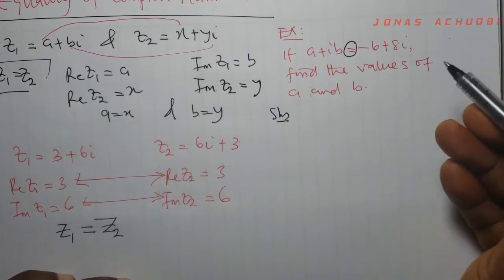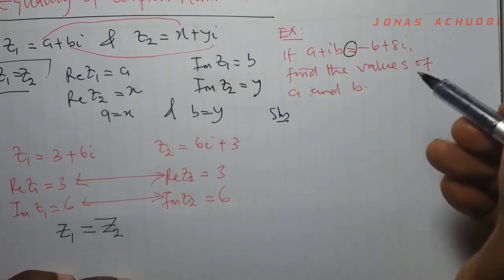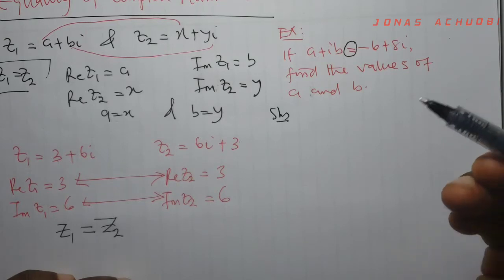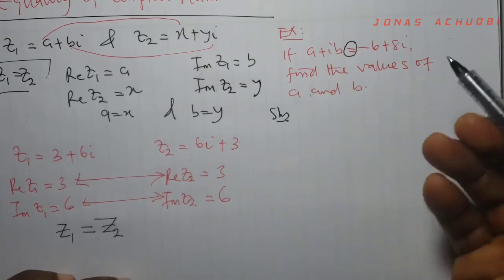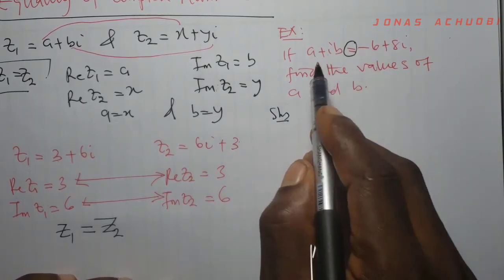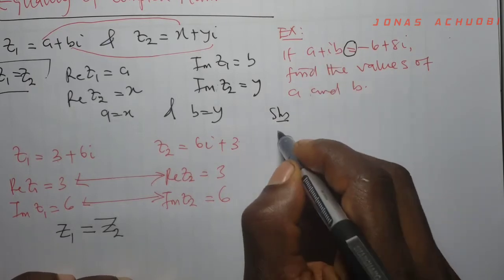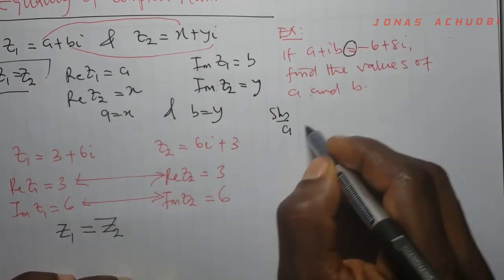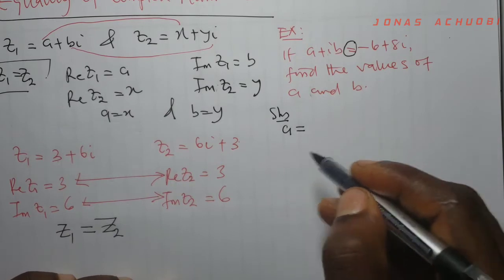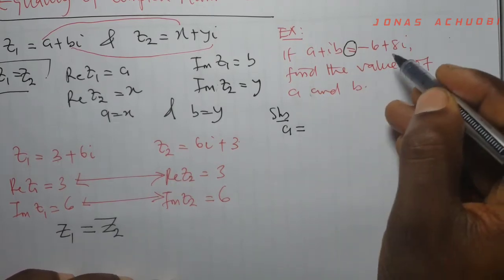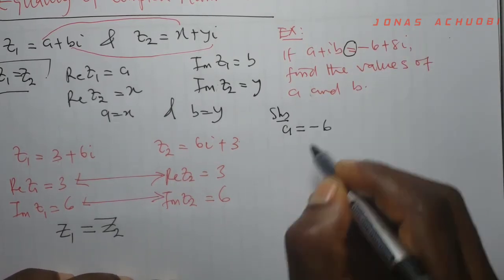We know that if complex numbers are equal, then their real parts must be the same, as well as their what? Imaginary parts. So the real part of the complex number on the left hand side is a, and since they are equal, it must be equal to the real part of the complex number on the right hand side, which is what? Negative 6.